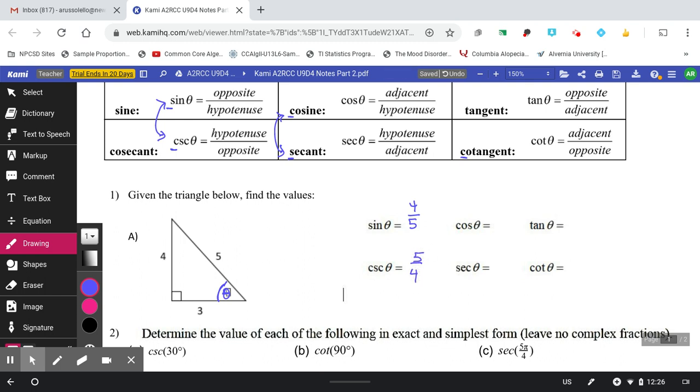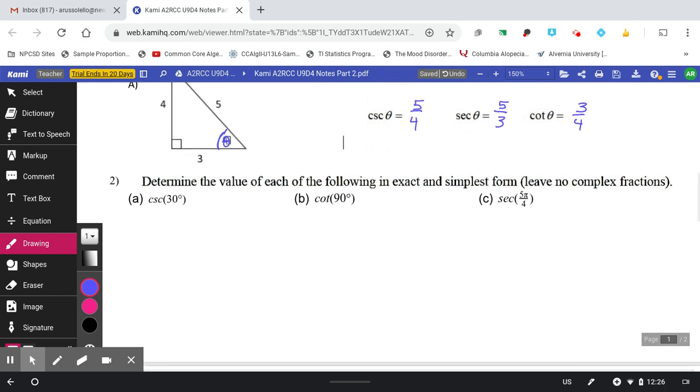The cosine is the adjacent over the hypotenuse, so that would be 3/5. Remember, we're looking at this triangle over here. The secant is the reciprocal, so that would be 5/3. Just turn it upside down. The tangent is the opposite over the adjacent, so that would be 4/3. So the cotangent is the reciprocal, so that would be 3/4.